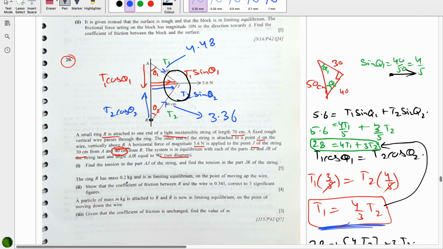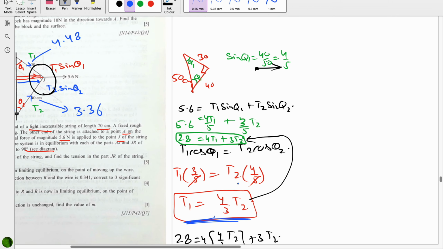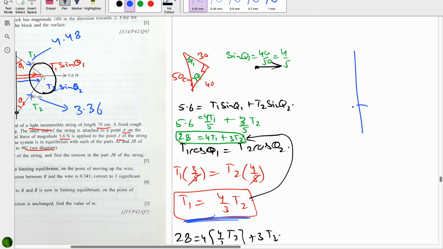It says the ring has mass of 0.2 kg and is in limiting equilibrium on the point of moving up. If it is on the verge of moving up, friction would be downwards. So we quickly sketch this. This is the rod, this is the ring. If it is on the verge of moving up, friction would be downwards.